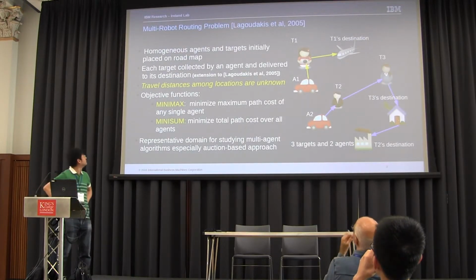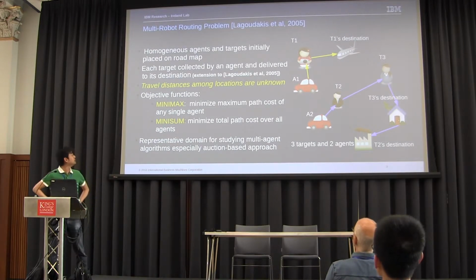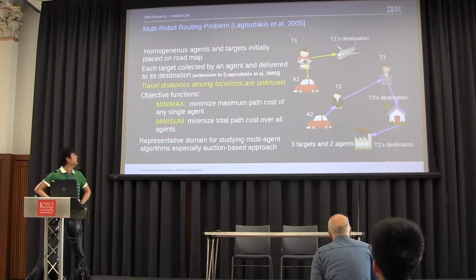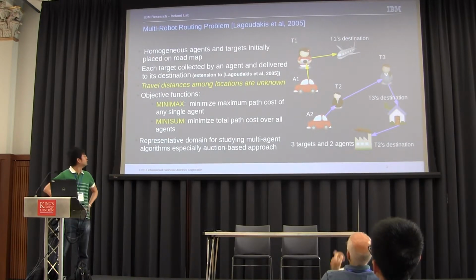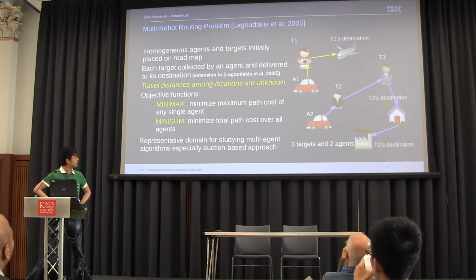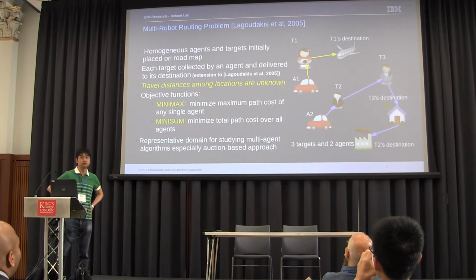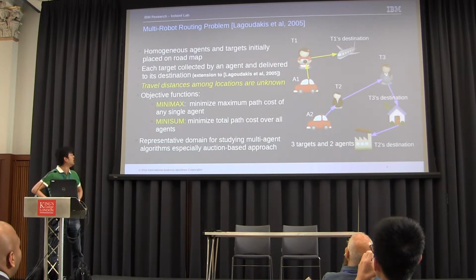Okay. The multi-robot routing problem is defined by that we have homogeneous agents as well as targets that are initially allocated in the map. Then the condition is that each target must be collected by an agent and must be delivered to its destination by one agent.